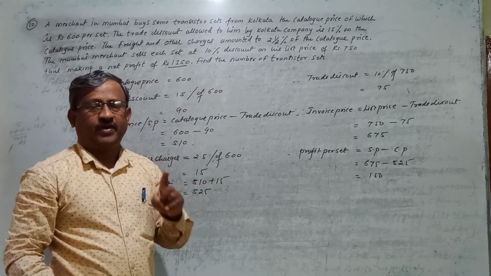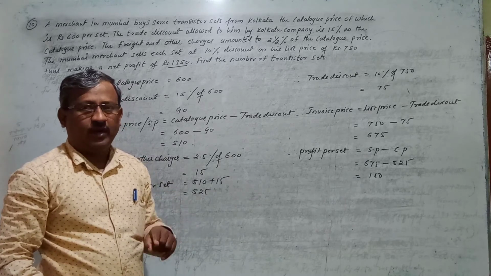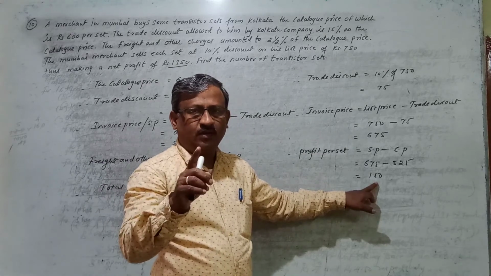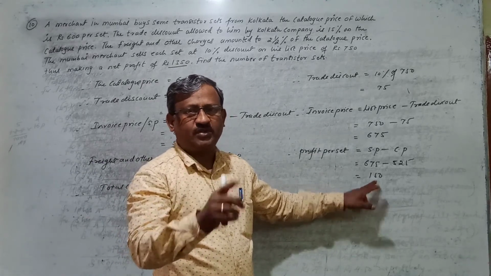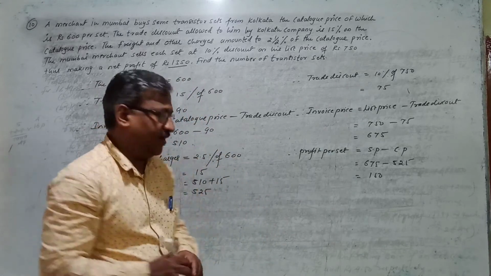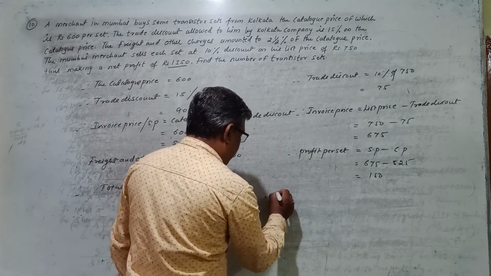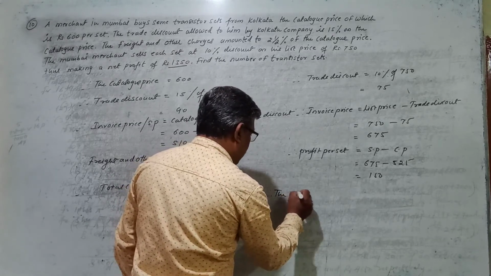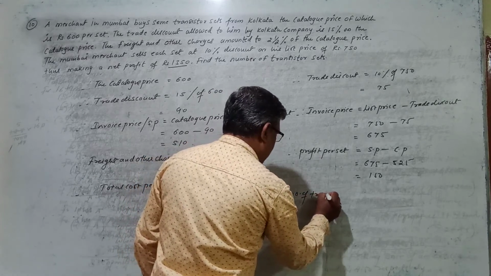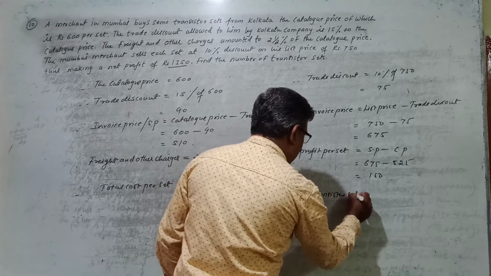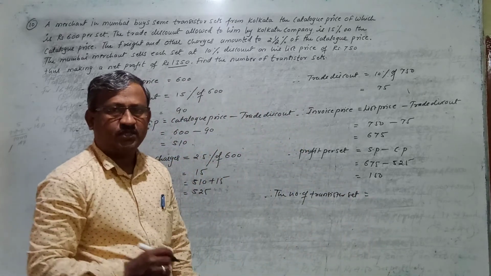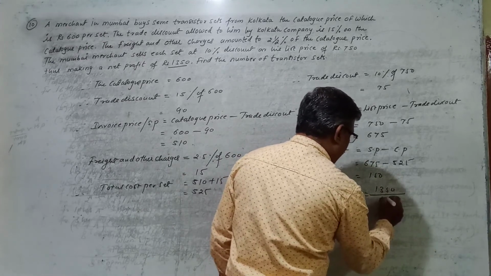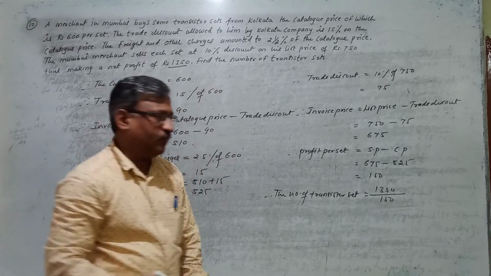So totally if he has got 1350 rupees profit, what is the number of transistor sets that we have to calculate? To calculate that, you divide this total profit by profit per set, right? Total profit divided by profit per set gives the number of transistor sets. So the number of transistor sets is equal to total profit 1350 divided by profit per set, how much? 150 rupees.